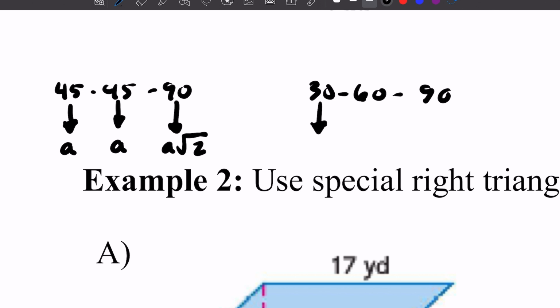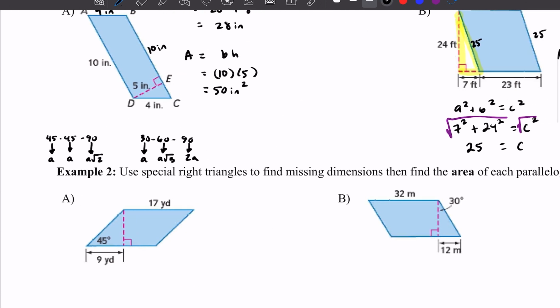It's the smallest side of that figure. It'd just be A. What about 60? A root 3. And then 90 would be 2A. Okay? So we're going to be using that to figure out the area of these two parallelograms.